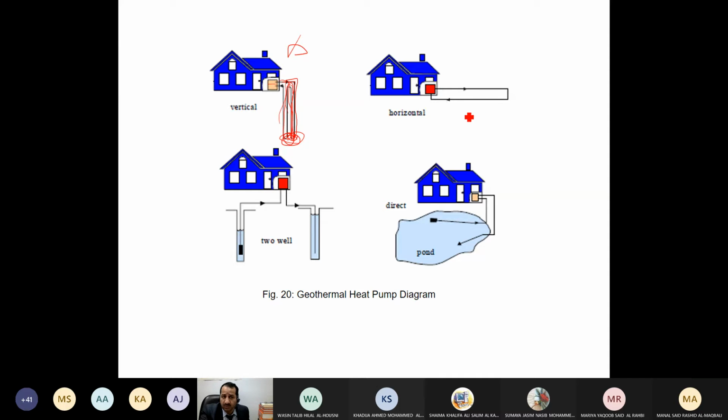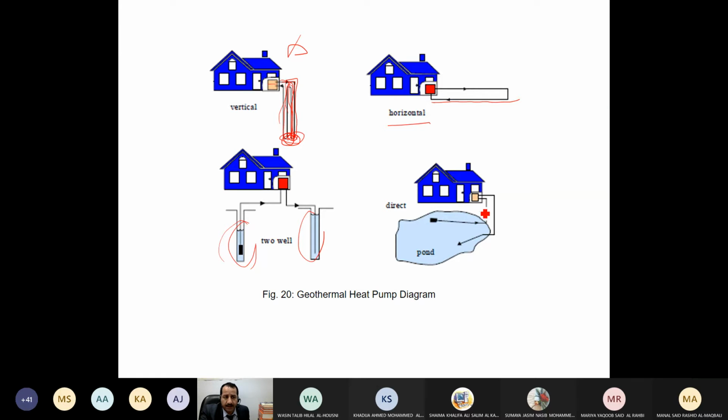Sometimes it's close to the surface. We don't need to go deep. We go close to the surface, which is called horizontal. Sometimes there are two wells. We can use them for cooling or heating from one well to another well.